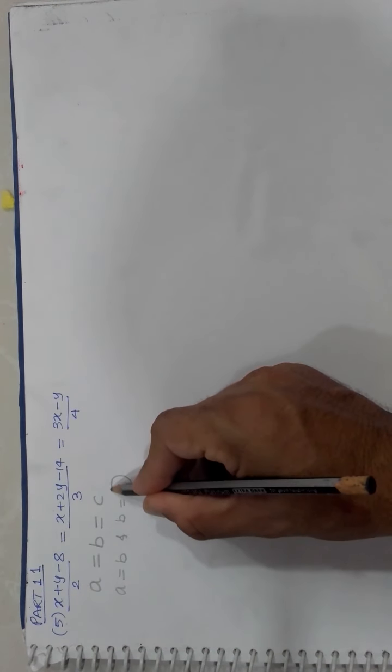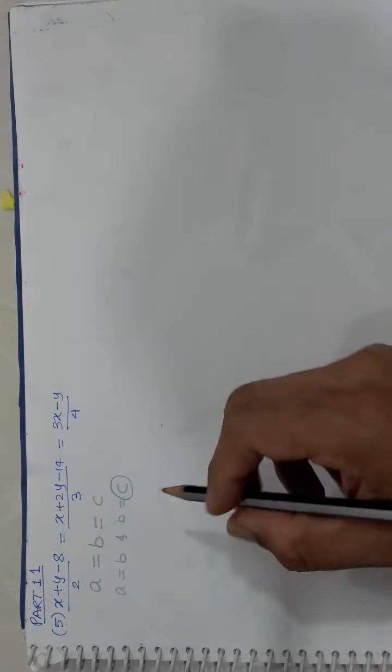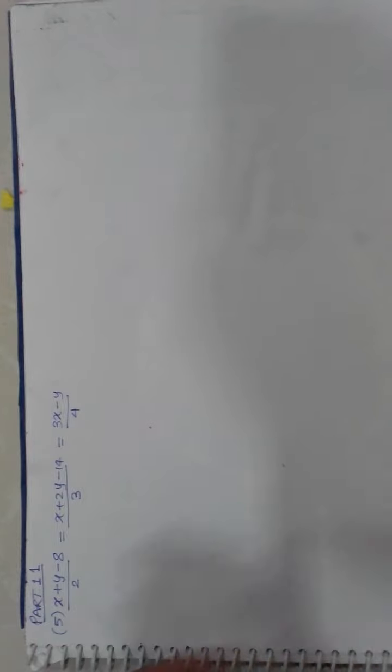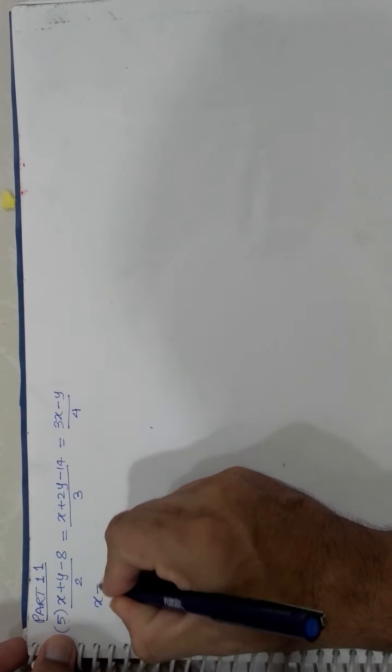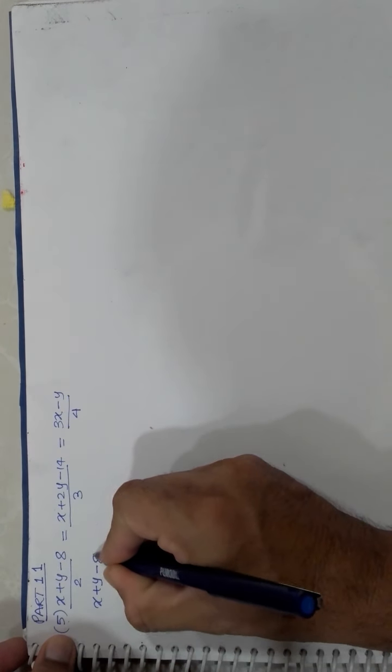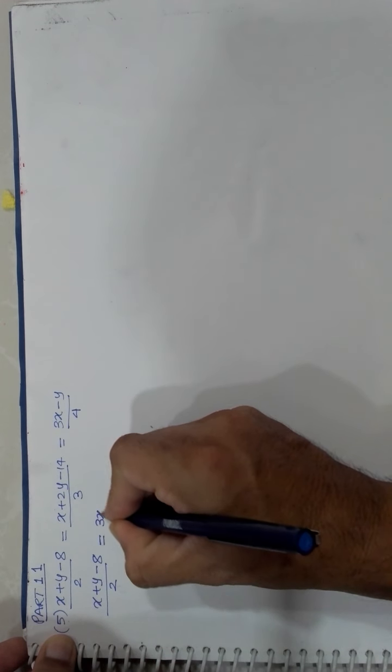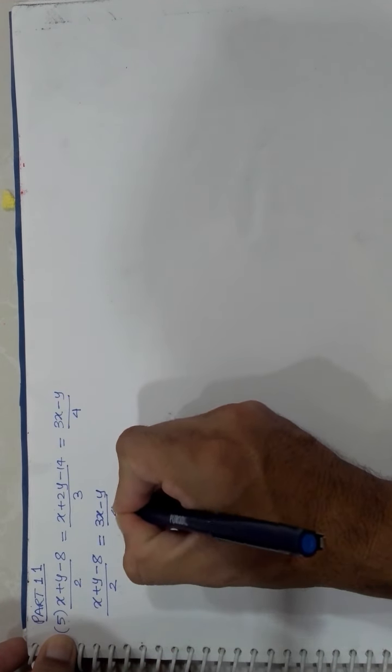The easier part over here is 3x minus y upon 4. Repeat that C part for both of them. That is, A is equal to C as well as B is equal to C. So x plus y minus 8 upon 2 is equal to 3x minus y upon 4.